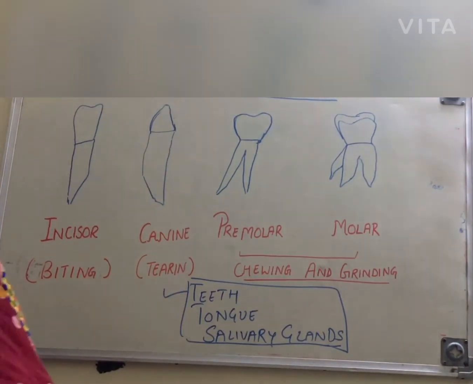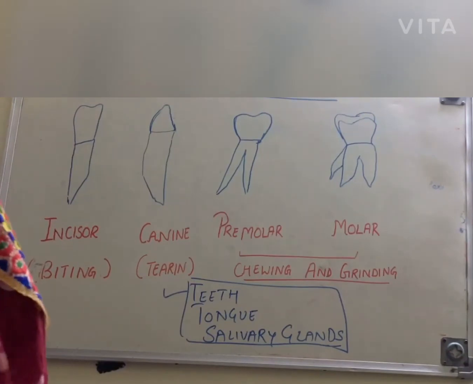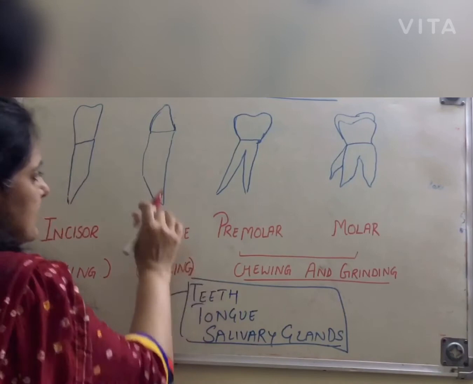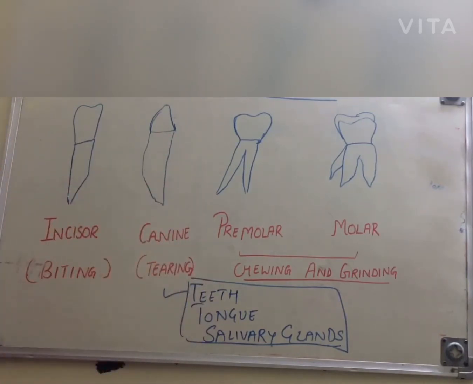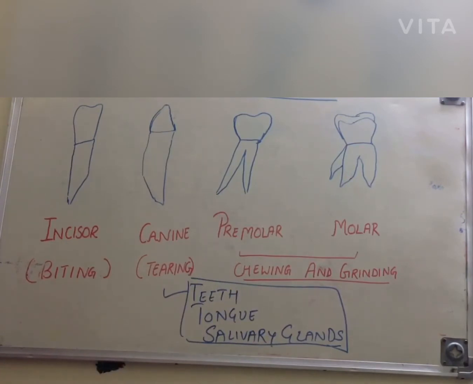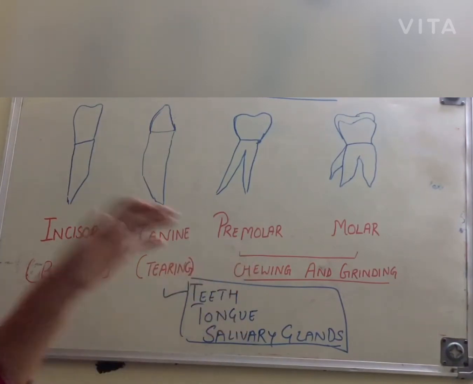Then canines help in tearing of food. They are pointed teeth. Then premolars and molars are broad. They have a broad surface, and they are used for chewing and grinding of food.